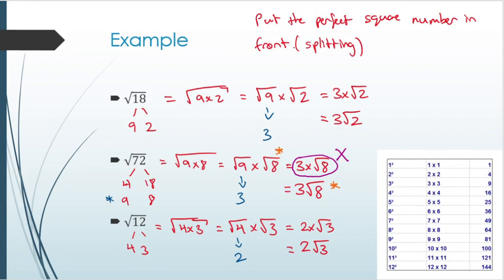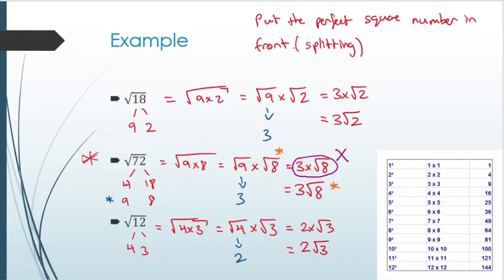This is something that's quite common here. As you can see, for square root of 72, if you look at your final answer, 3 root 8, I'll just make something new.